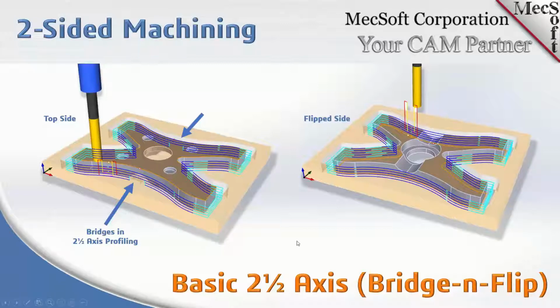So on the left, the key to doing this, especially in sheet stock, basic 2.5 axis won't always be sheet stock, but we're just using a sheet stock as an example. So basically, you're adding bridges to the tool path so that the part doesn't become completely separated from the stock when you're cutting the first side.